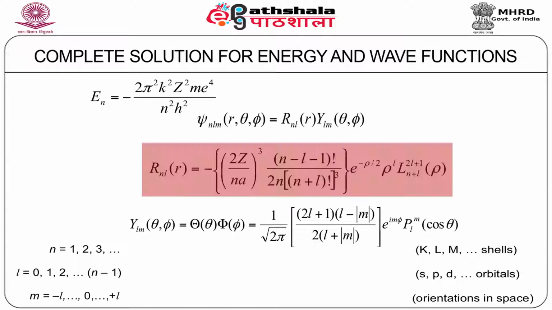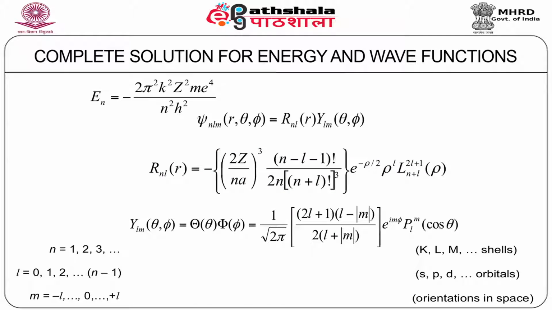You have found the radial part, R_nl(r), in terms of the Laguerre polynomial, and you have obtained Y_lm, the angular part, a spherical harmonic, in terms of the associated Legendre function or Legendre polynomial.